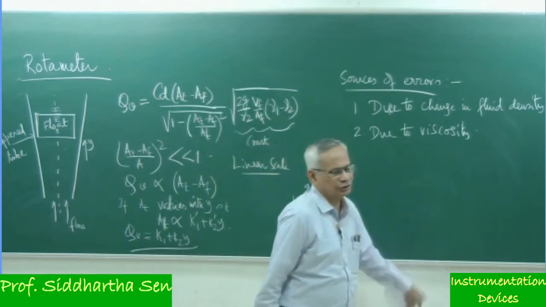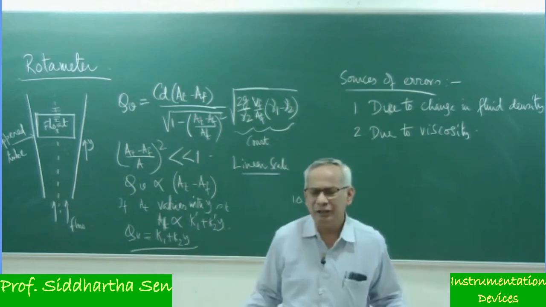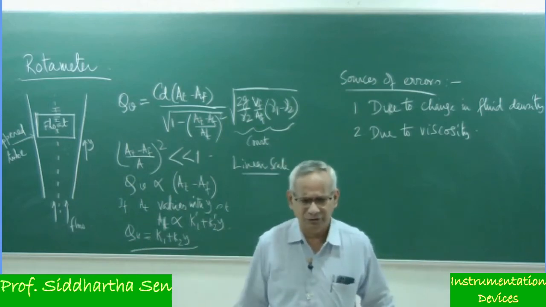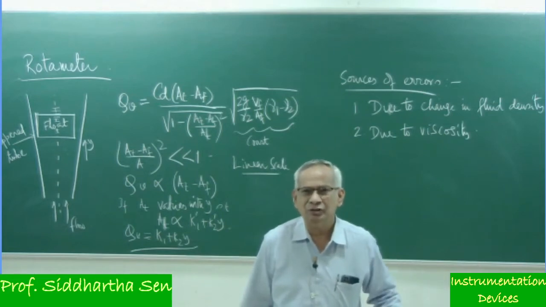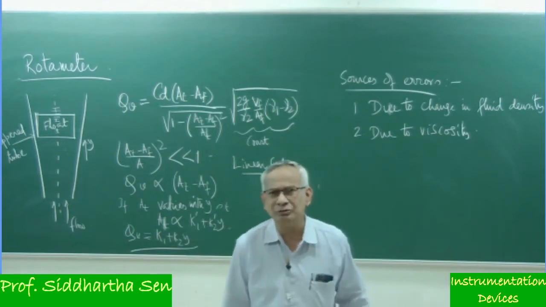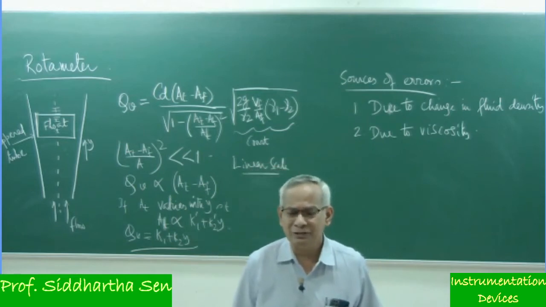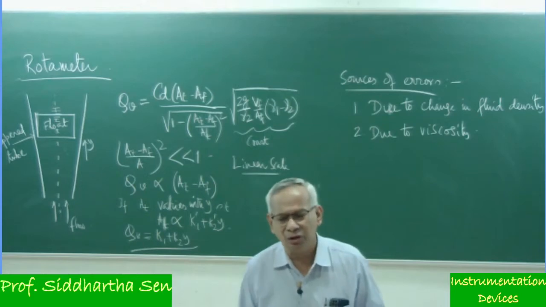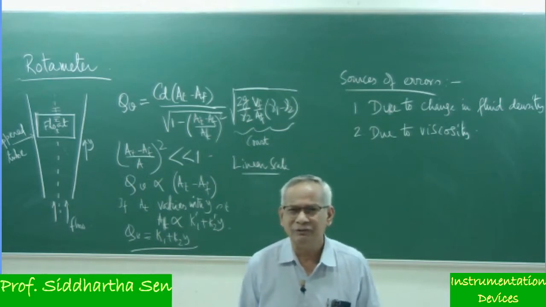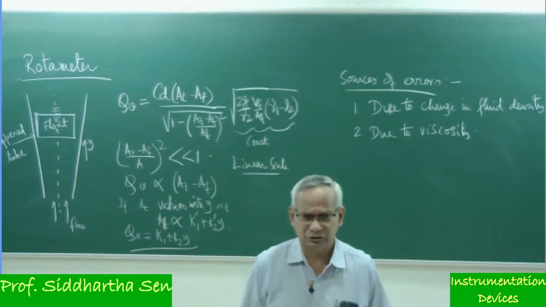The viscosity also, definitely you can have better performance, in the sense that it can be used for a wide range of flow, and that's why we call it a standard instrument for calibration. It could be used because it is not affected by the variation of the fluid density as well as the variation of the viscosity.